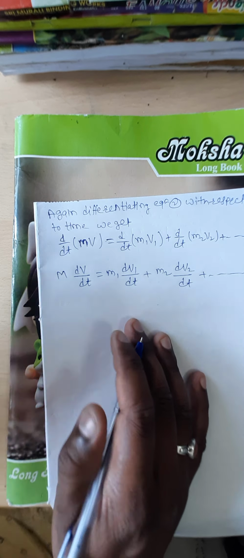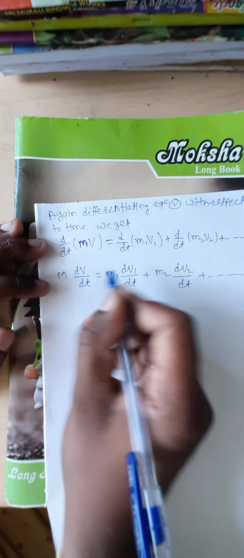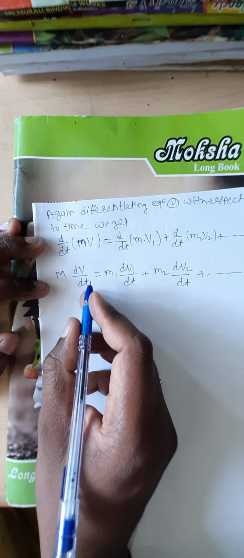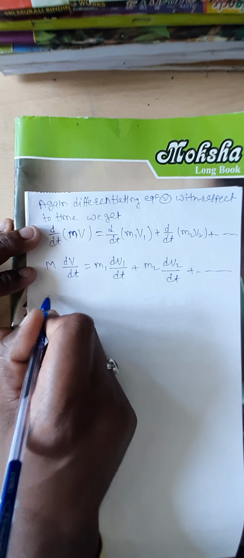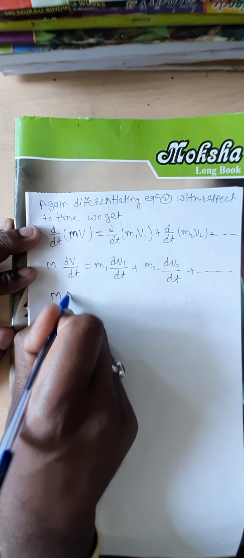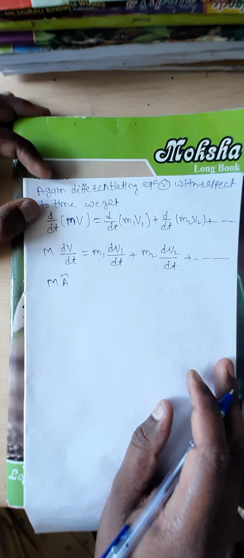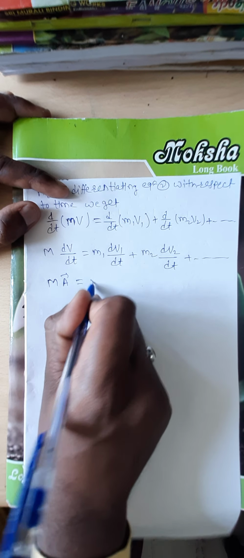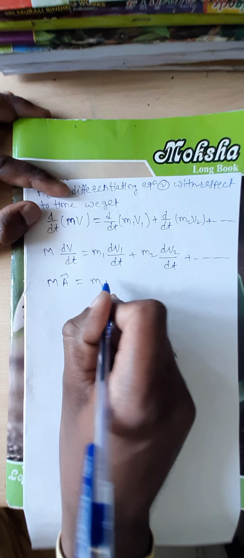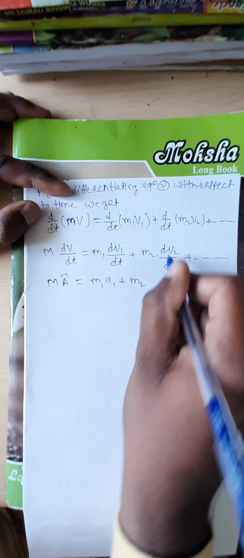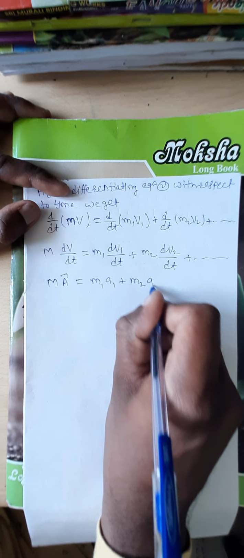In that case M dV by dt is nothing but the acceleration of the center of mass. Therefore it can be written as M A, where capital A is the acceleration of the center of mass. This is equal to m1 dv1 by dt, which is nothing but a1, plus m2 dv2 by dt, which is nothing but a2, plus and so on.